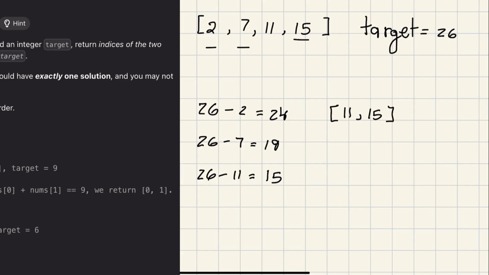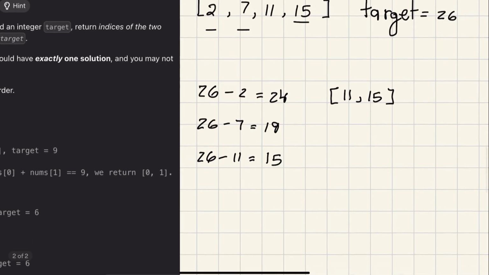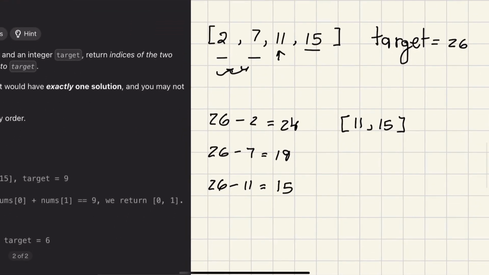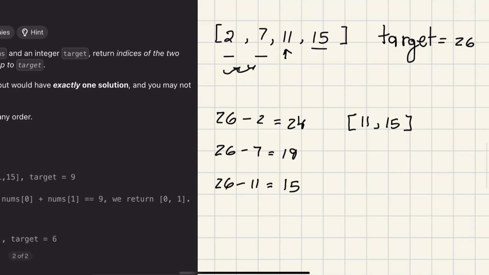Now, the problem is we have to return their indices. And in this approach, we can keep track of the index of 11 right here because we are going through it one by one. But the issue is this 15. This 15, in this case, is the next term, but it also could be 10 terms to the right.